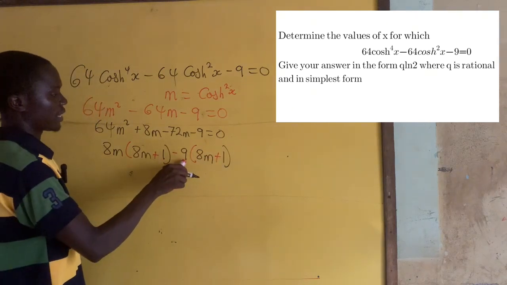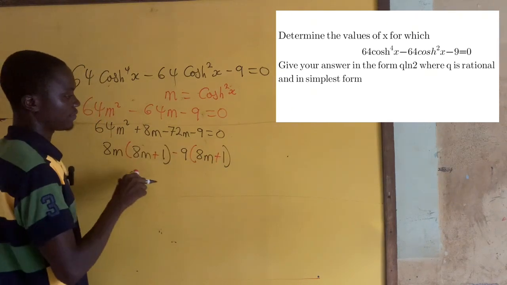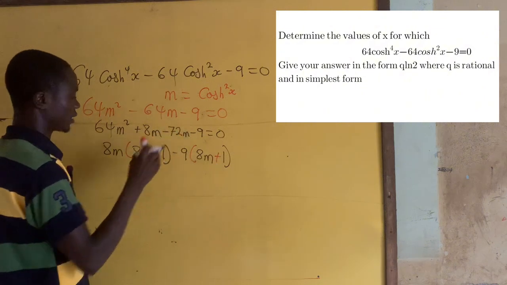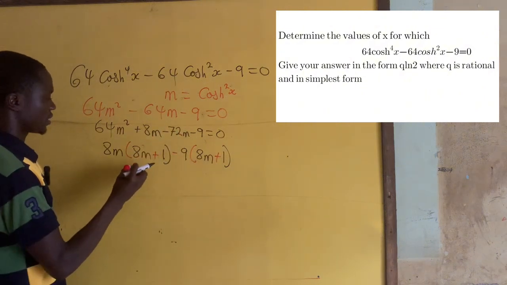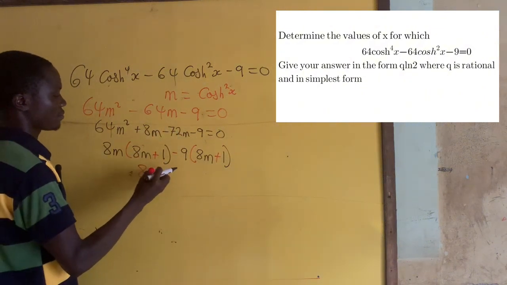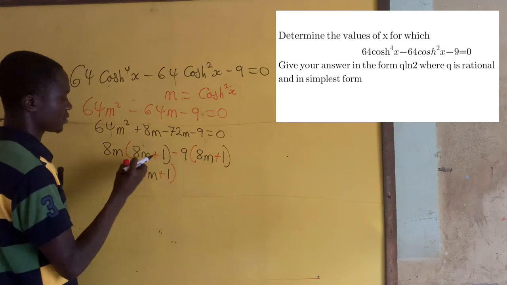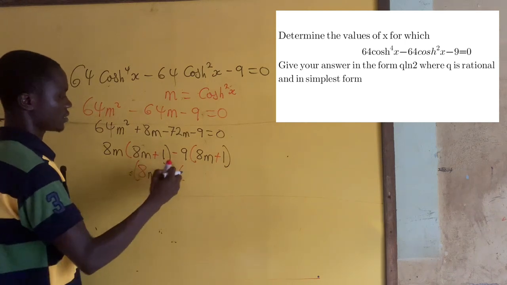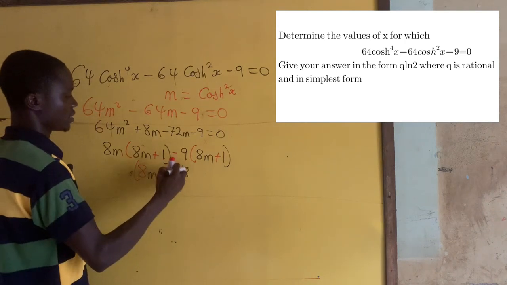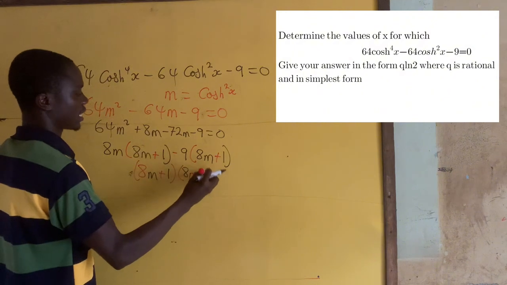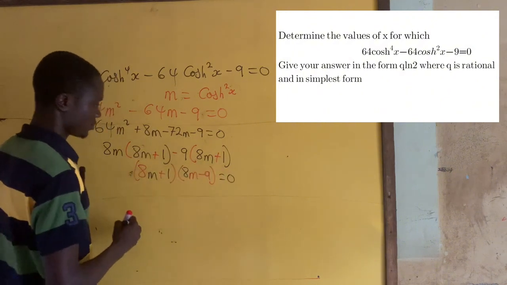That is minus 9 times 8 is minus 72. So we are going to have 8m plus 1 times 8m minus 9 equals 0.